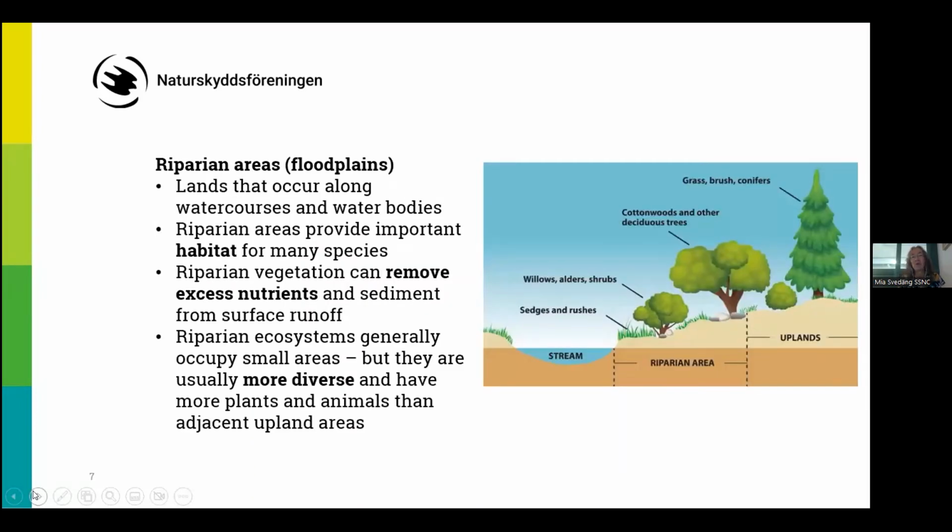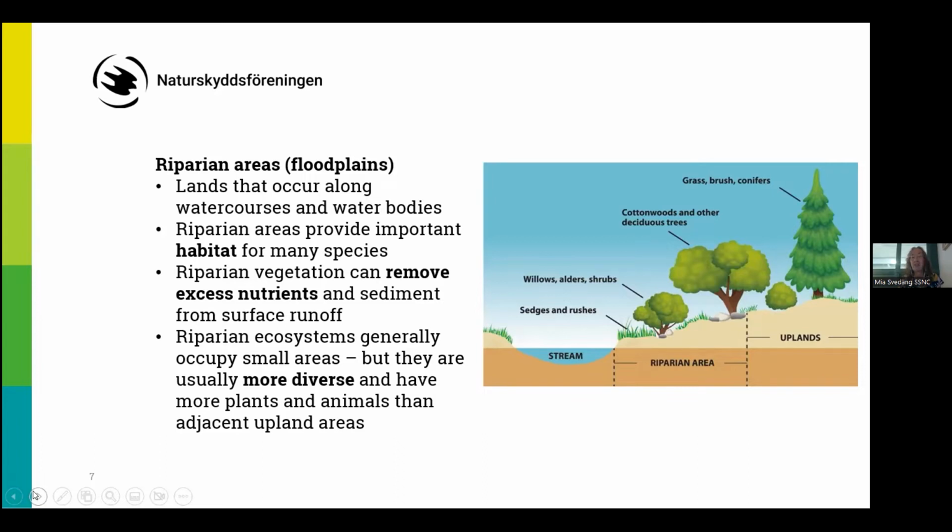And we also call the riparian areas floodplains, and lands that occur along watercourses and water bodies are the riparian areas. The riparian areas provide important habitat for very many species. Many plants and animals live there.